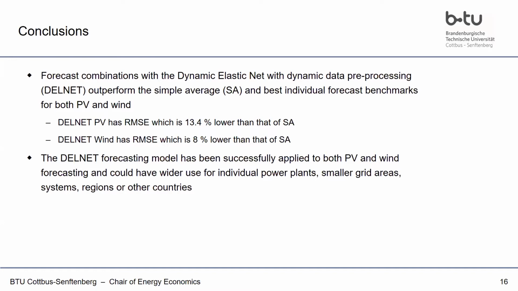Delnet of wind has RMSE which is 8% lower than that of the simple average combination for wind. Additionally, the delnet forecasting model has been successfully applied to both PV and wind forecasting and could have a much wider use for individual power plants, for smaller grid areas, and also for systems, regions, and/or other countries.